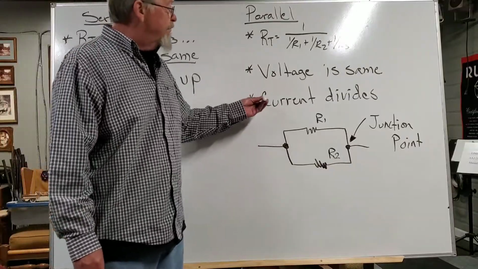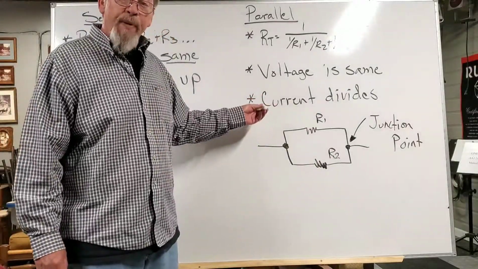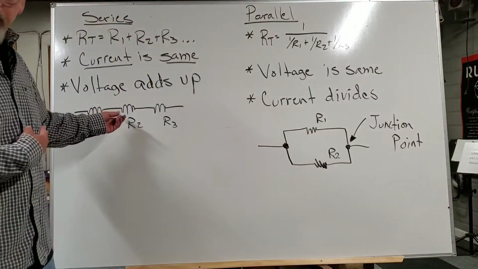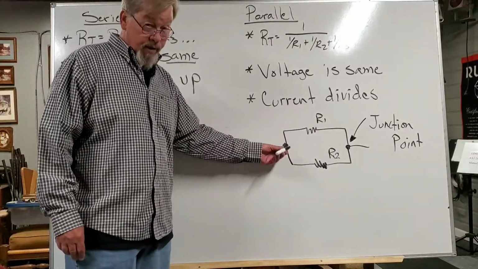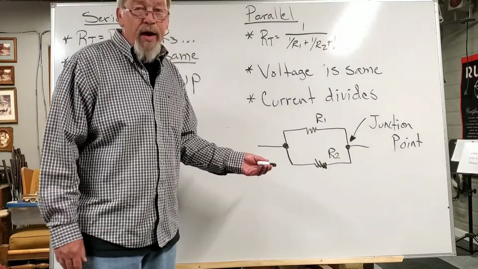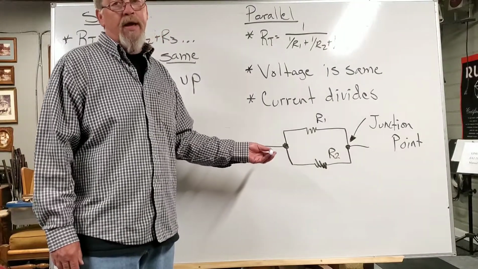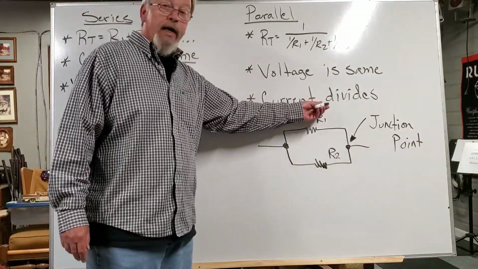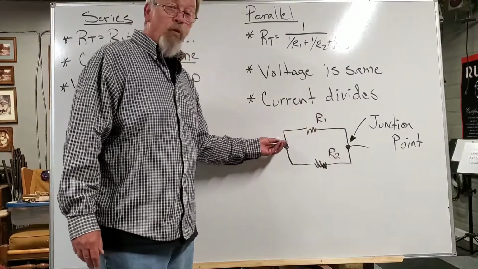And so if I have more than one path, I'm gonna have more than one current. One path, one current. More than one path, more than one current. You gotta lock in on that. You have to understand that without thinking. Current divides. As simple as that. You've got more than one path.